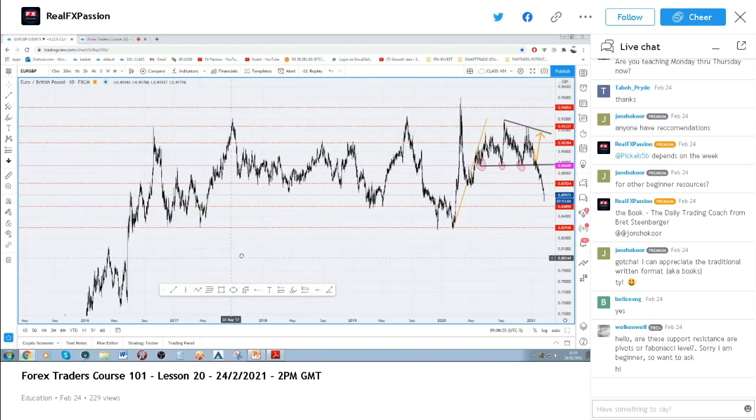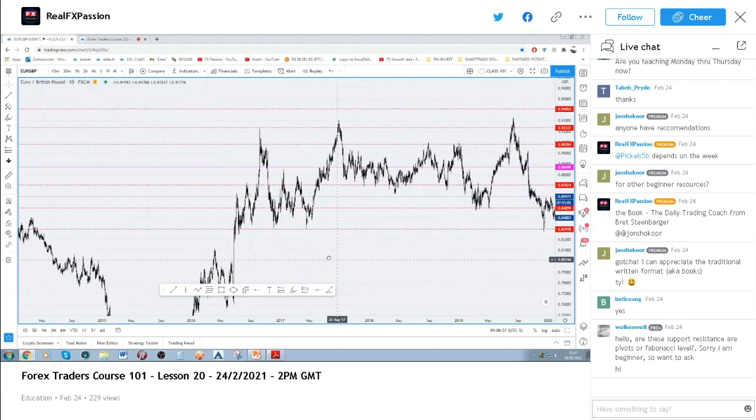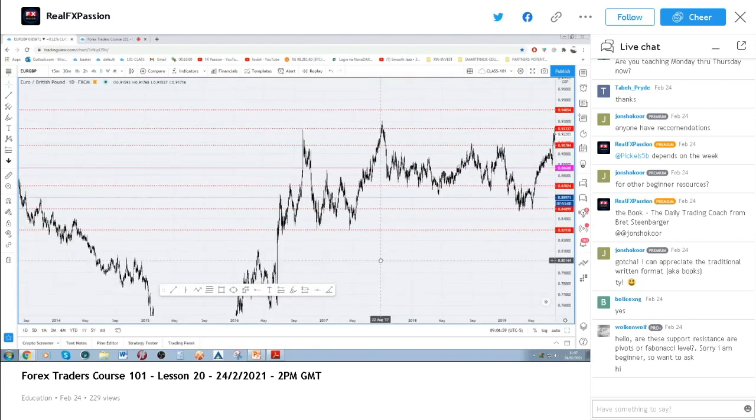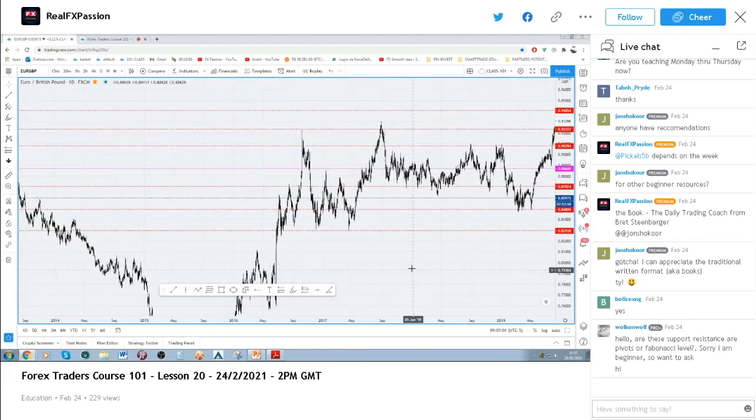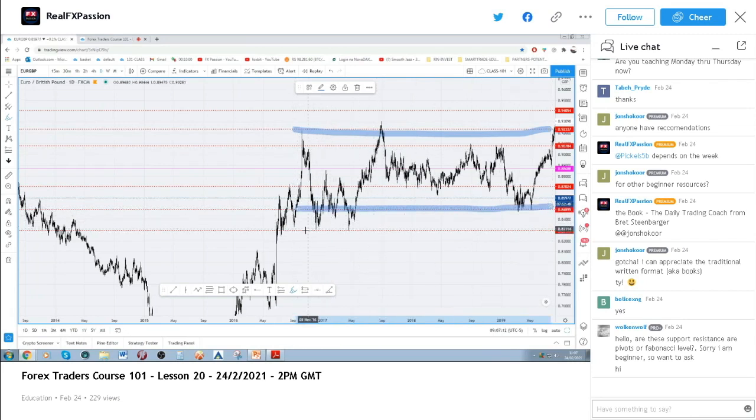So if we close the chart like this, we don't know what is going to happen, right? We don't have a crystal ball, but we identify that the market is sideways, respecting those lines.